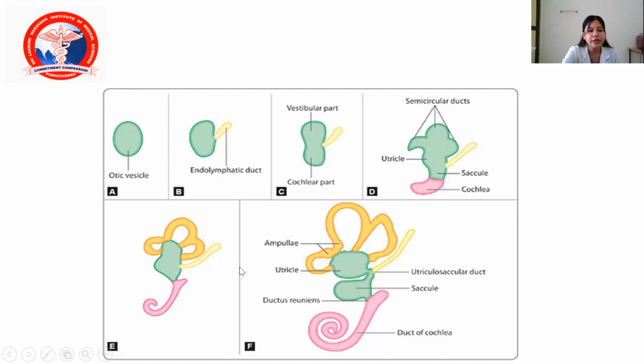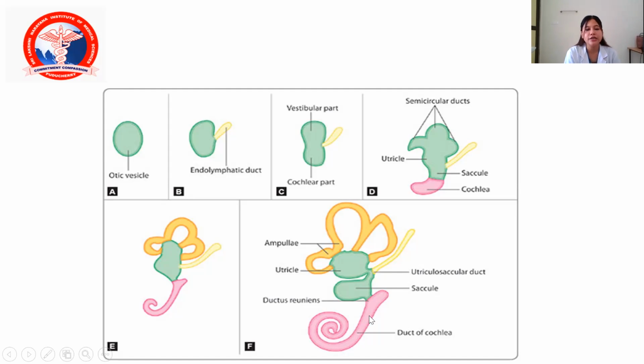Then it turns spirally. In this image, number F, you can see it turns spirally, around 2.75 turns. And ultimately it forms the duct of the cochlea.